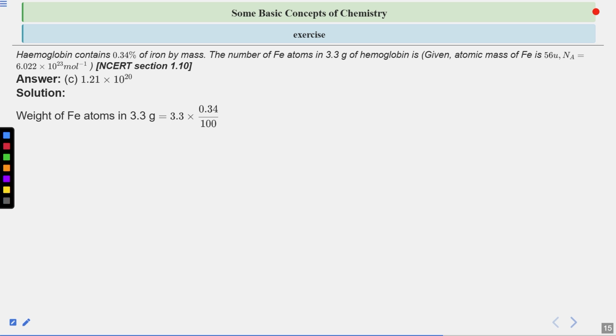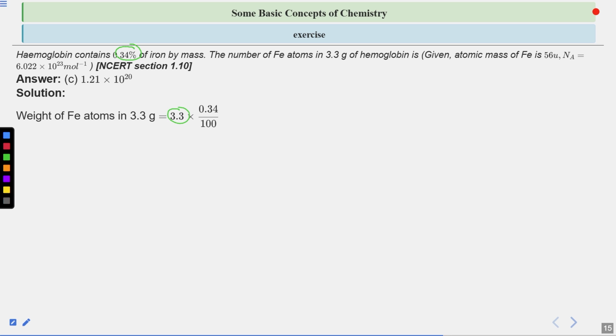So if we have 0.34% of iron, then we can calculate the amount of iron that is present in 3.3 gram of hemoglobin. So again I am repeating it. If you are not getting a point of any question, do not try to focus on that part. Try to focus on the part that you know.